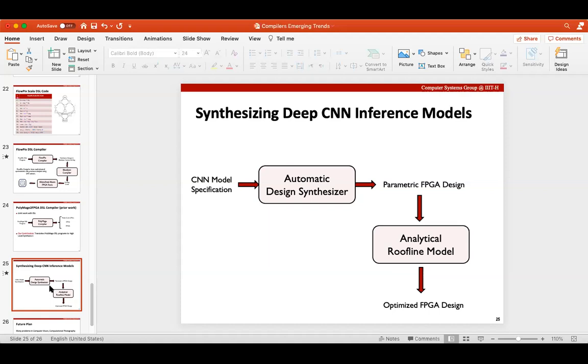The second area of research is in DSLs. There are many DSLs that are coming out. People figured out it is hard to come up with compilers which do everything magically, so you just write a C program and everything works fantastic. It's not going to happen. So people are encouraging DSLs for different domains.